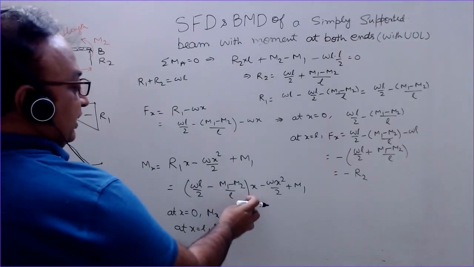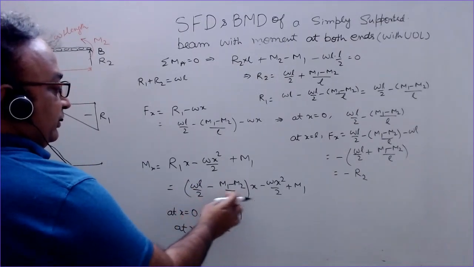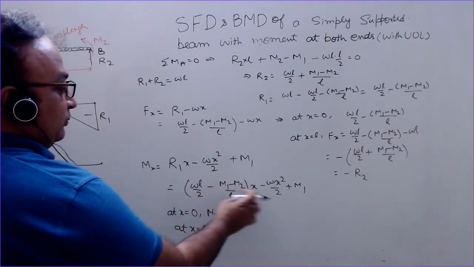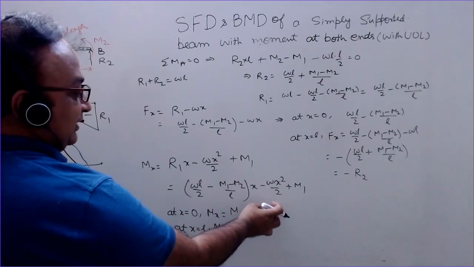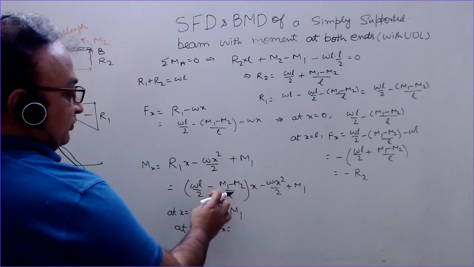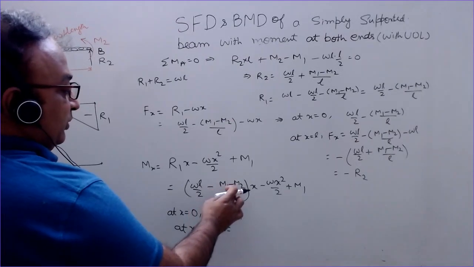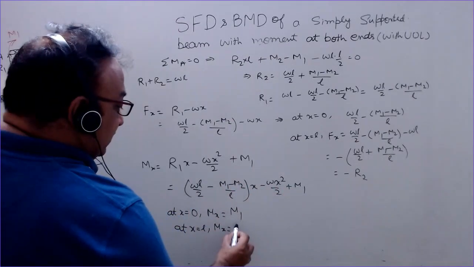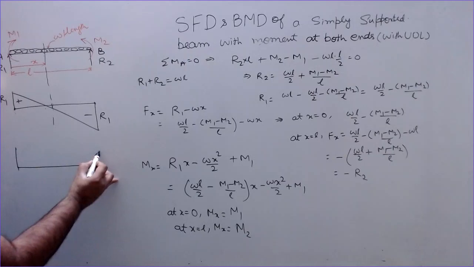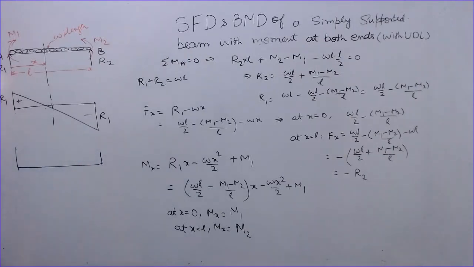Put x equal to L here. So WL square by 2, and this WL square by 2 will be cancelled. Then minus M1 plus M2 plus M1, which is equal to M2. Positive, and here this is equal to M2. In between these, the diagram will be a parabola.